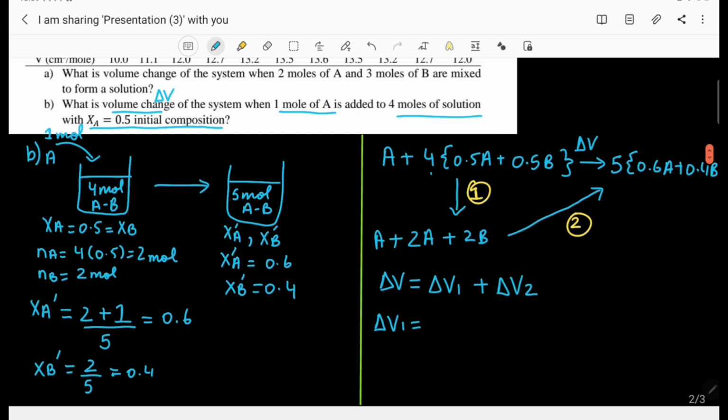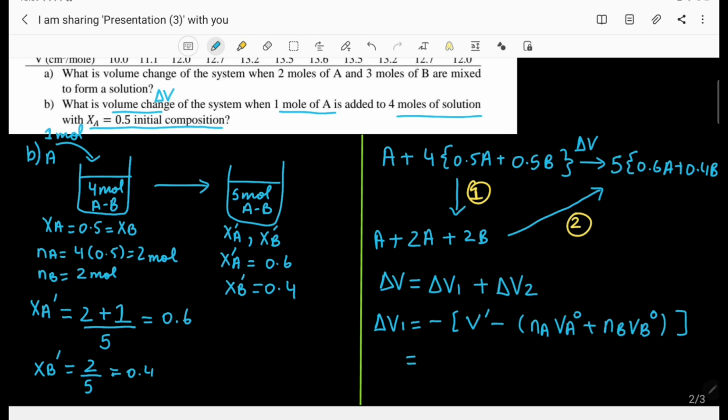We have the solution and we are going towards the component. So we have to put a minus over here. This is extremely important, or else all your answers will be wrong. So we're going to have V prime, which is the volume of the solution, minus the initial volume, which is going to be NA VA naught plus NB VB naught, just like we did in part A.